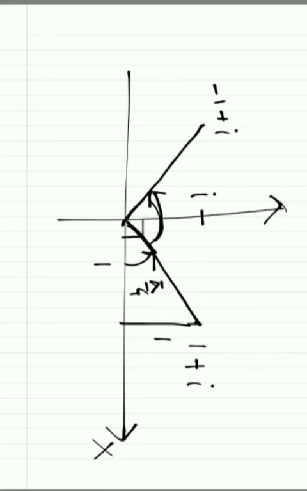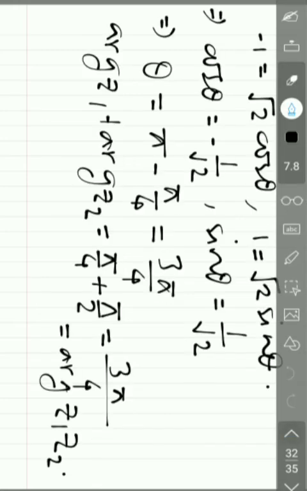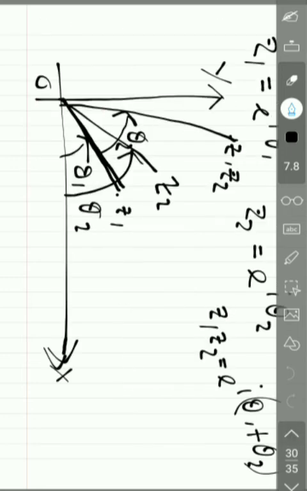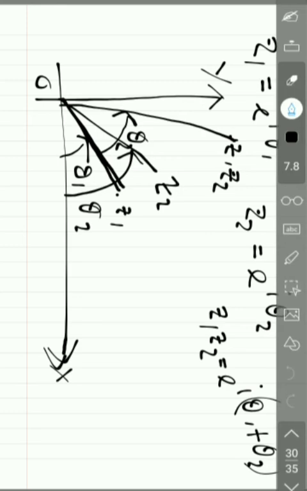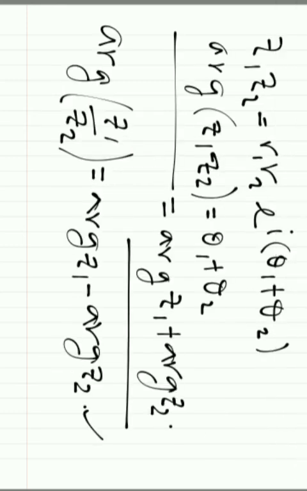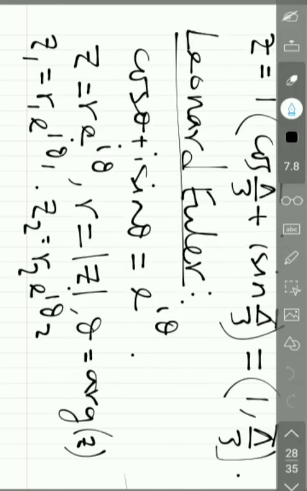So pi by 4 plus pi by 2 is becoming the argument of minus 1 plus i, that is 3 pi by 4. Okay, so this is the geometrical significance of complex multiplication, and it is through Euler's theorem.